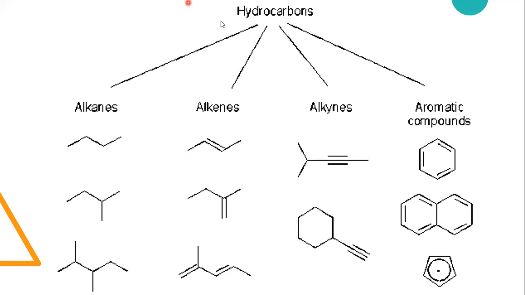And aromatic compounds are the types of compounds that are cyclic in nature. They contain two or more double bonds in its composition, thus forming a ring. So first, let's go to alkenes.